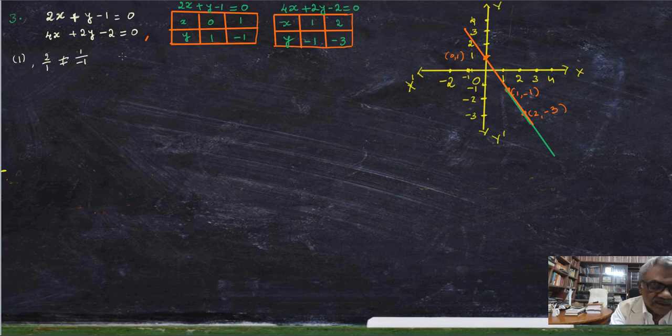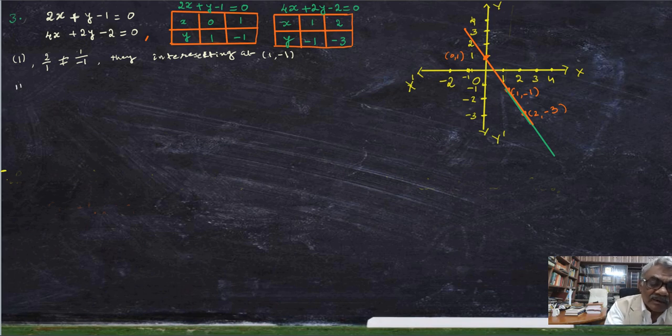In this case, the pair of lines are intersecting at 1 and minus 1, and that is going to be the solution for the pair of equations, which satisfies both simultaneously.